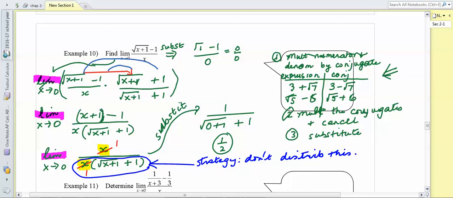Only multiply the conjugates. Can you think why? Well, the reason is, if you distribute the x, you will then have to factor it back out in order to find the common factor to cancel. So it's just a complete waste of time. It's not a mistake, it's just a waste of time. So that's why it comes under the best strategy heading.